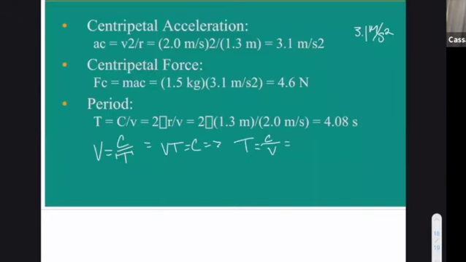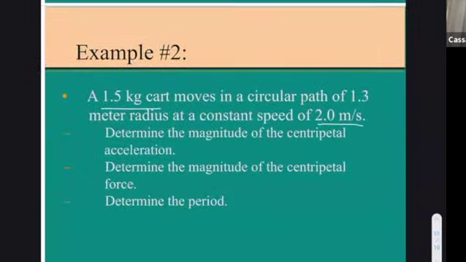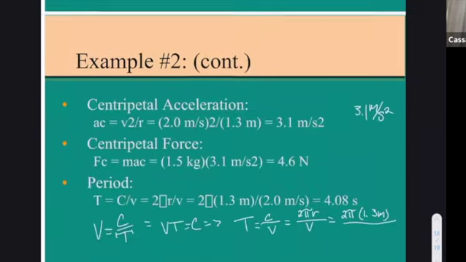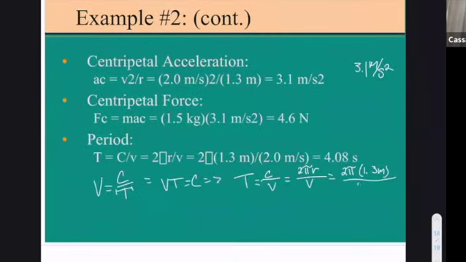We know that circumference is equal to 2 pi times the radius, and we are given the velocity. So we have 2 times pi times our radius, 1.3 meters, all over our velocity, the constant speed of 2.0 meters per second. We plug it right on in, and we get our answer of 4.08 seconds.